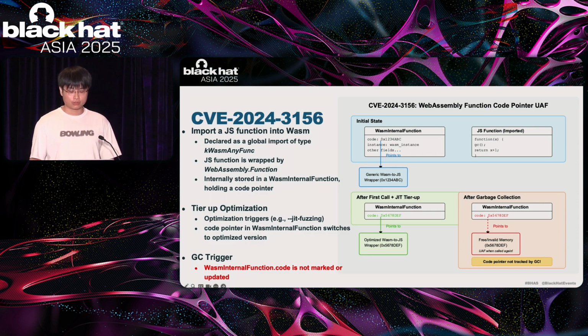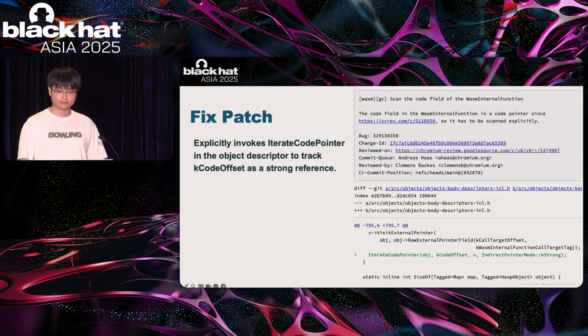If the memory location referenced by this field is moved or is freed during garbage collection, but this pointer itself is not updated, WebAssembly may later attempt to execute code at an invalid or recycled memory address.